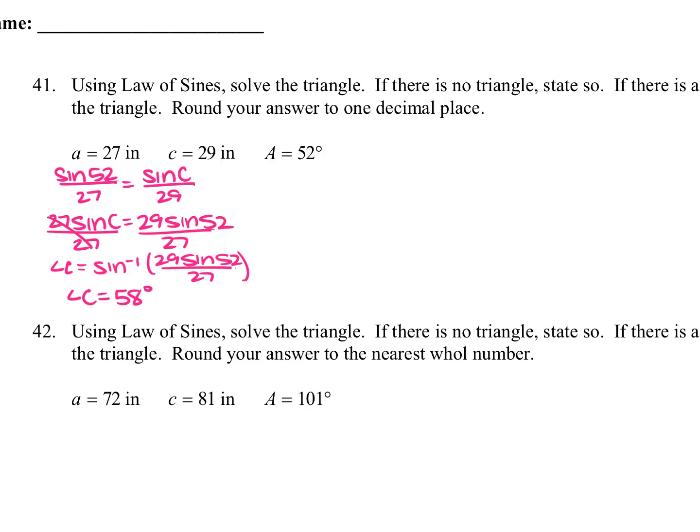From here, we're going to find angle B by doing 180 minus 52 plus 58, which gives us angle B equaling 70 degrees.